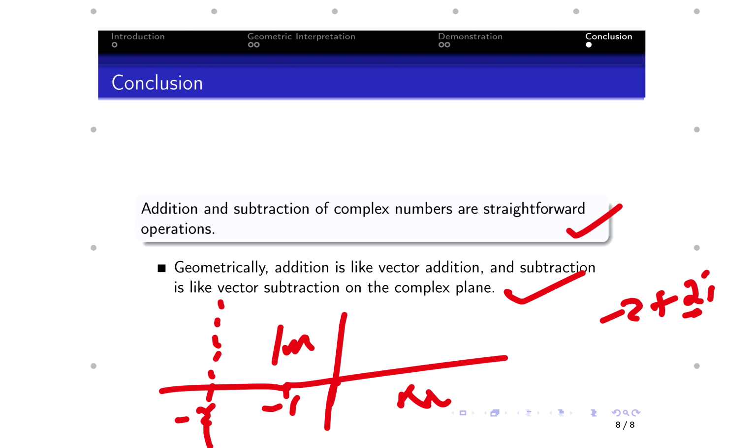So let's say this is 1 and this is 2. So this is actually point minus 2 plus 2i. If you now draw a line from the origin to meet that point, that is how you represent minus 2 plus 2i in the complex plane. So that's how it goes.